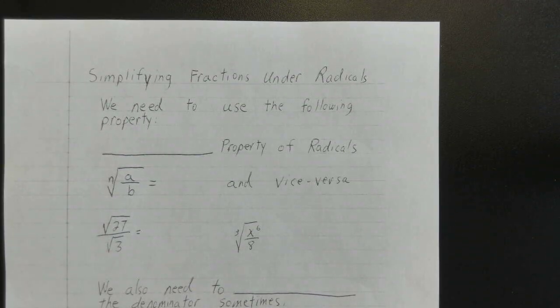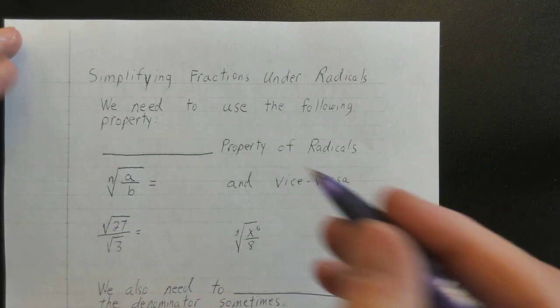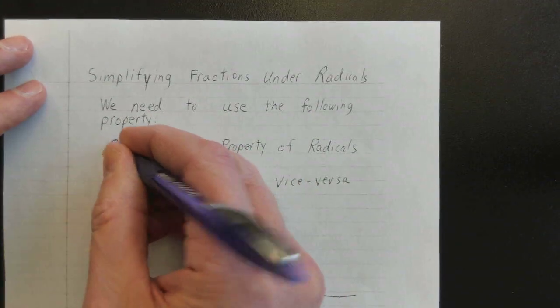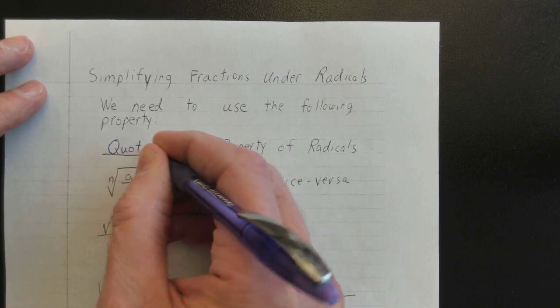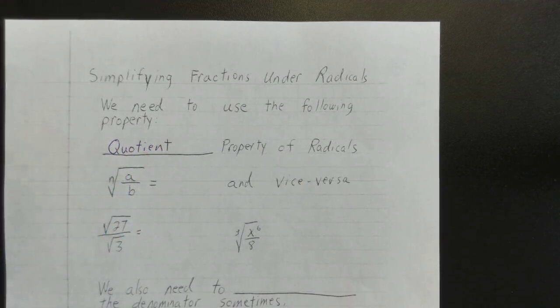Okay, so we're simplifying fractions under radicals. We need to use the following property, which is the quotient property of radicals.